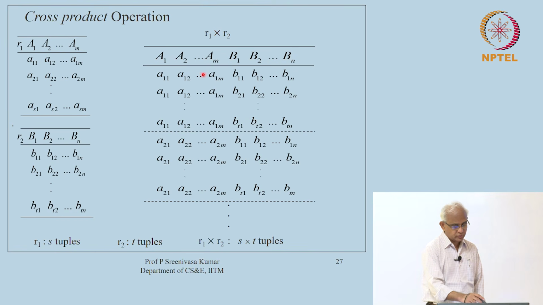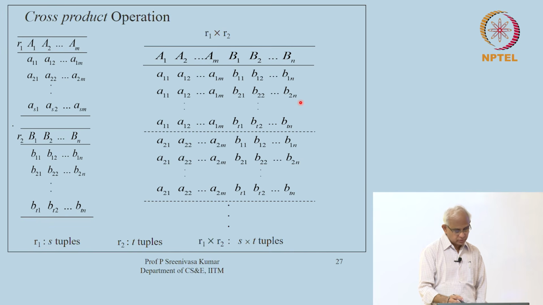So, this produces T tuples, this produces T tuples, etc. You will get that many tuples. So, the operator itself is clear, but then we might wonder how useful this operator is going to be, because it is going to produce a huge amount of data.